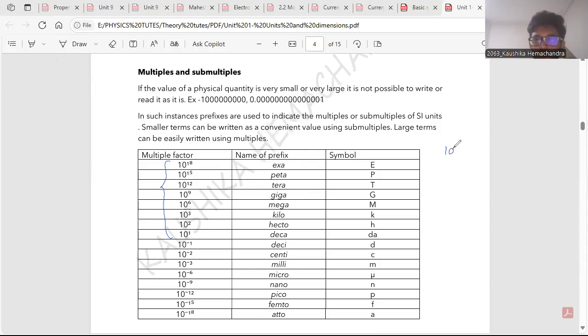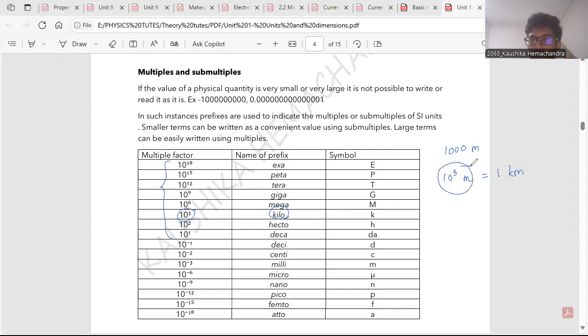So let's say 1000 meters. Here you can take kilo, that is 10 to the power 3, right? So 10 to the power 3 meters is equal to 1 kilometer. So that is how multiples are used.